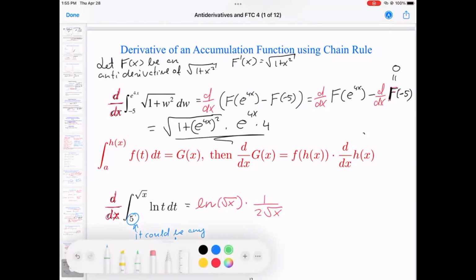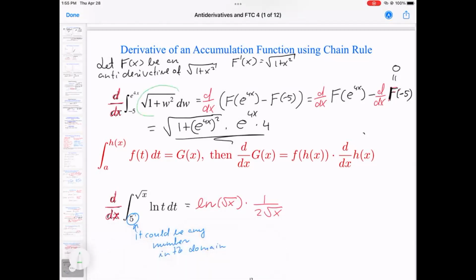In the formula, this is going to be f of t or f of w. When you take the derivative, you go back to the rate function, and h of x in the previous problem is e to the 4x, right?